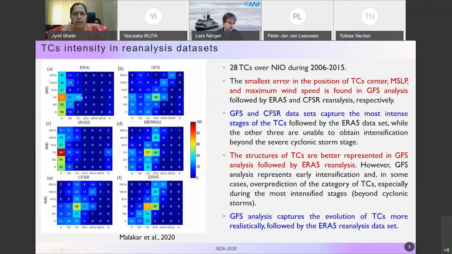On the y-axis, you can see the IMD observed intensity of the cyclone, and the horizontal axis shows the analysis. We have taken ERA Interim, GFS analysis, Japan reanalysis, MERRA-2, CFS reanalysis, and ERA5.